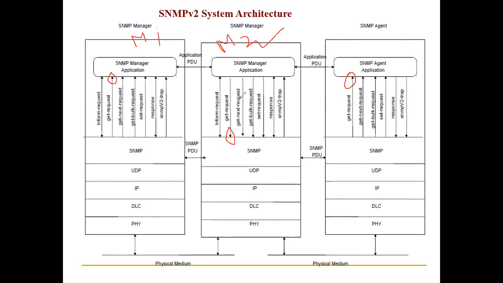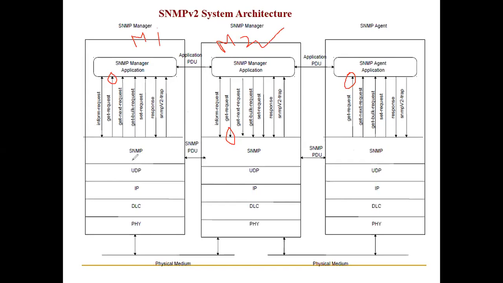So get request, then I have get next request. This feature is also there, but we have seen that many times we might require multiple data. Okay, so instead of sending get request, get next request, if I have multiple data to get the response, what I can do is send a get bulk request. Okay, so this manager will send some bulk request and the agent receives the bulk request.